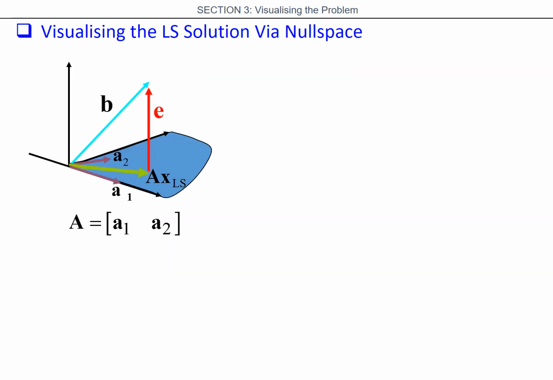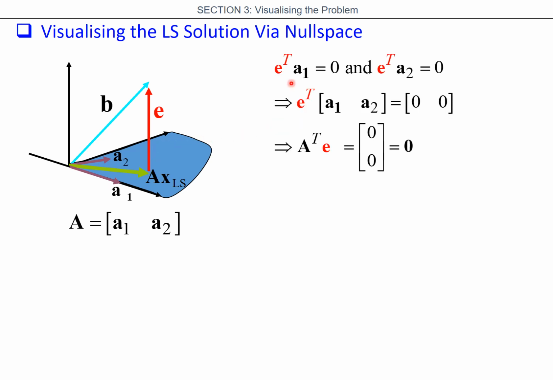A third way of visualizing the least squares solution is to look at the concept of null space. So we've got the error vector E, and it must be orthogonal to this blue plane, which means it must be orthogonal to any vector in that blue plane. And we know that the two column vectors of A lie in that blue plane, so E must be orthogonal to A1 and A2, which means the inner products must be 0. So if I write the two inner products as 0, I get that.